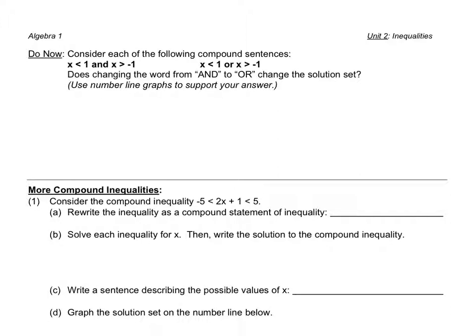We have to create number lines only because the question told us to, but on a test, if it just said, does changing the word change the solution set, that's an implied yes or no. Justify would give you free rein to either explain your thoughts in words, or go to an algebraic approach.